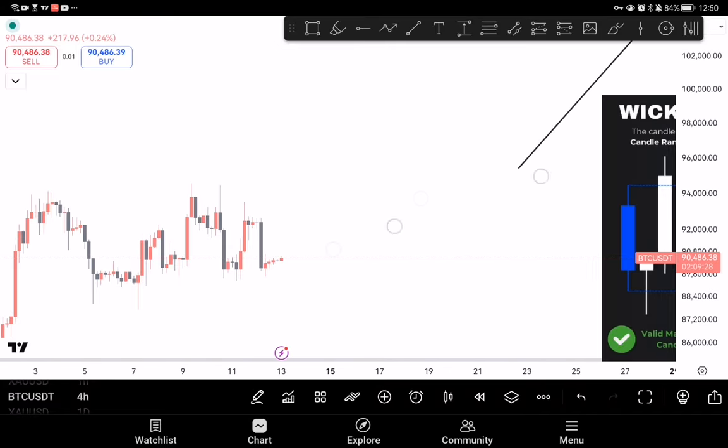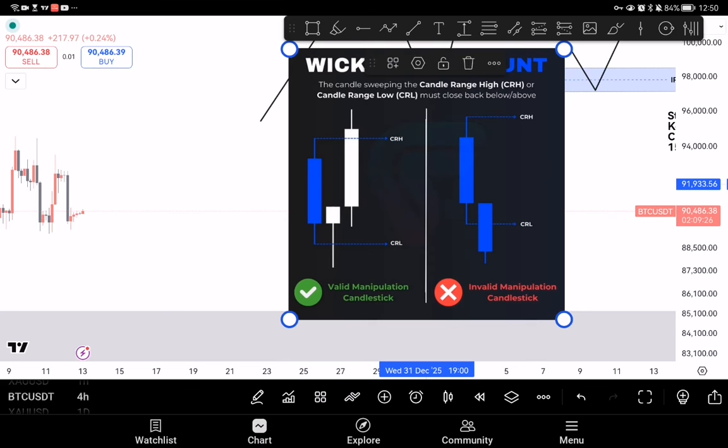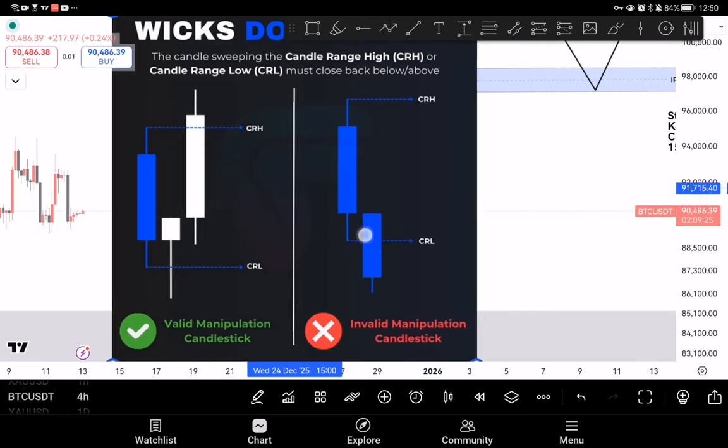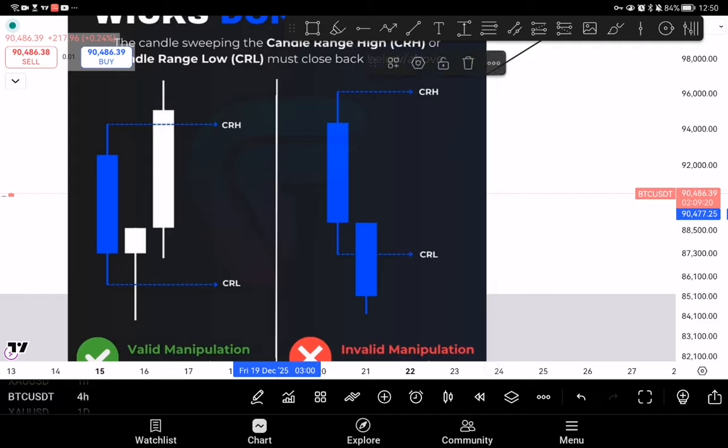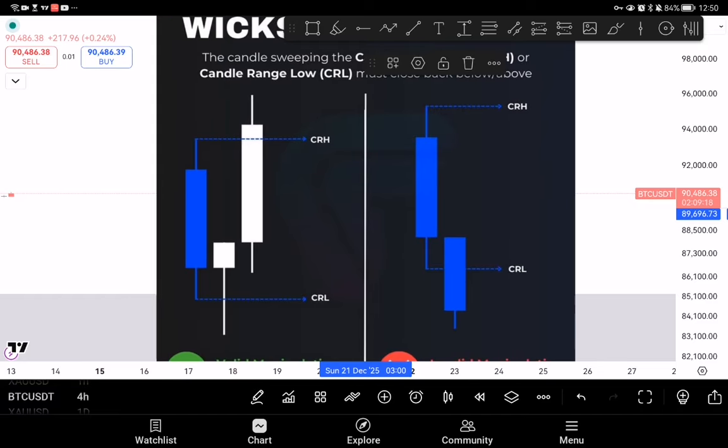We need to understand that the market operates from one liquidity point to another liquidity point. Now that we know that, let's look at this picture again. Remember what I said. This first candlestick, the blue candlestick, is a bearish candle.